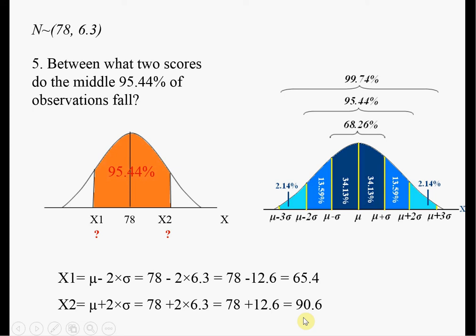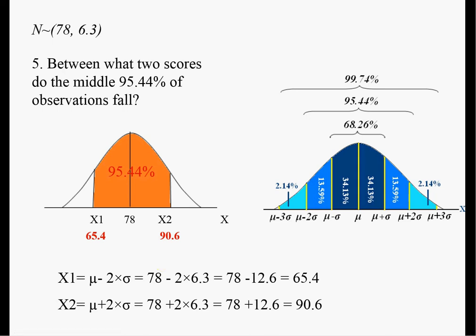So now these two values, 65.4 corresponds to x1, 90.6 corresponds to x2. These are the values of 2 standard deviations below the mean and 2 standard deviations above the mean. And these are the two values that the question is asking us to find out.